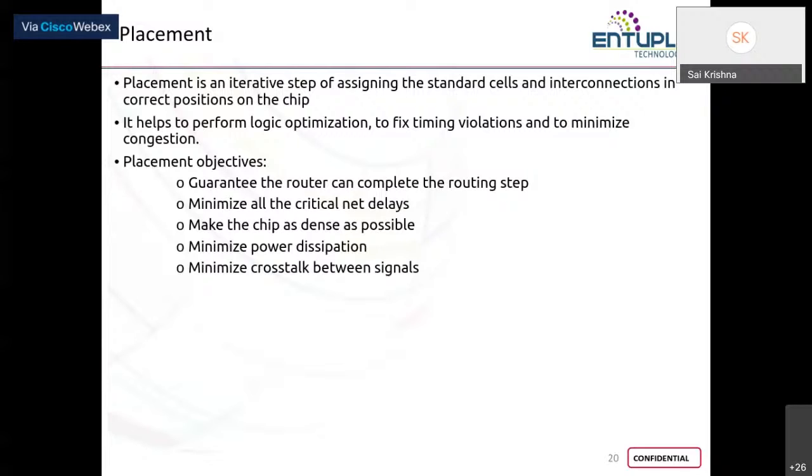Now, placement is the stage where all your standard cells and interconnects are assigned positions within the core area, within the available area. That means your standard cells will use the empty area in the first 65% plus the remaining 35%.